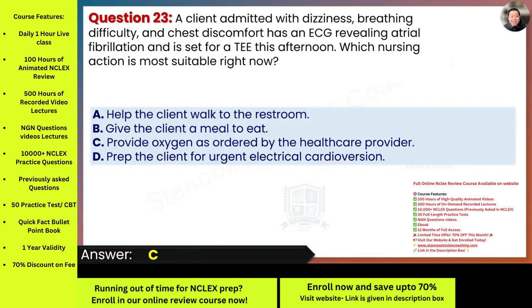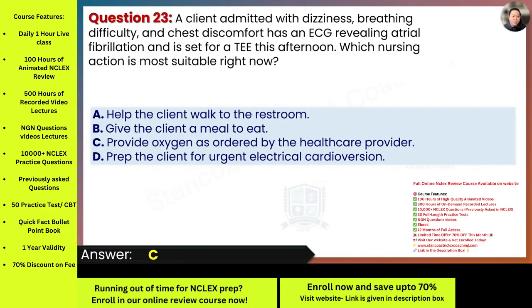Because AFib can significantly impair the heart's ability to pump blood efficiently. It will lead to decreased cardiac output, which results in less oxygen delivered to the vital tissues. This can cause symptoms such as dizziness, shortness of breath, and some chest pain, and these are all signs of hypoxia, or inadequate oxygenation.